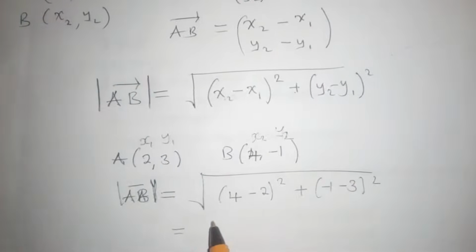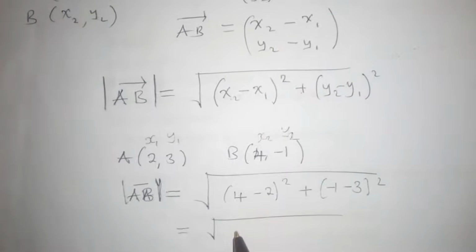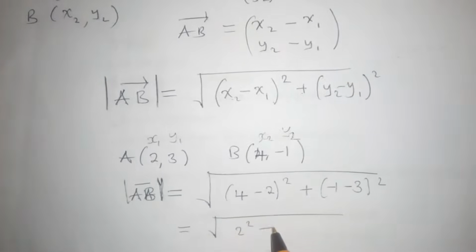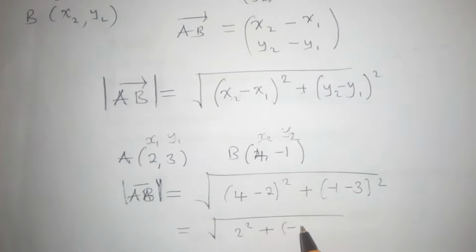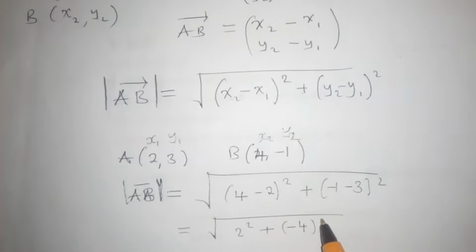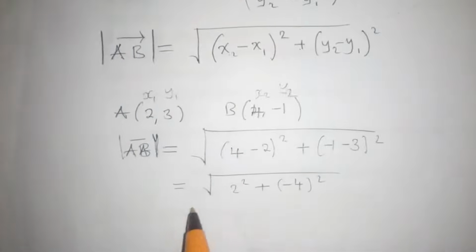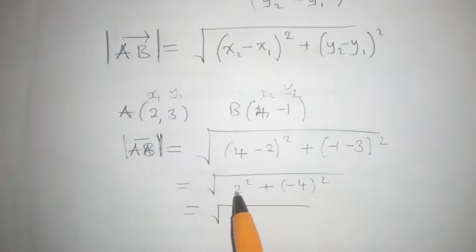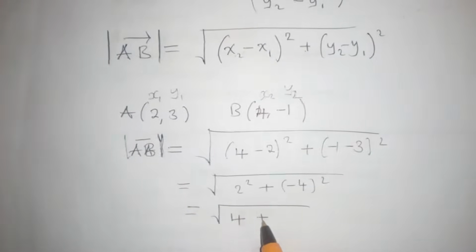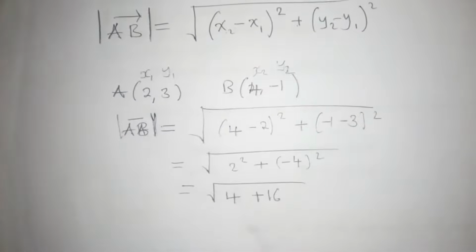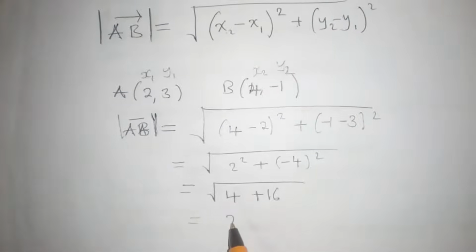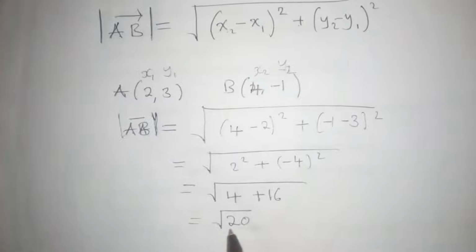So now you can work out things here. When we solve here, we have 2 squared plus -4 power 2. So when we solve nicely, here we have 4 plus 16. Okay, so when we solve, we have 20, root of 20.